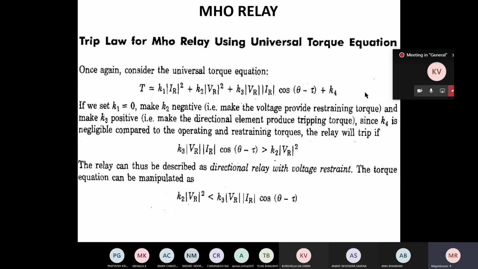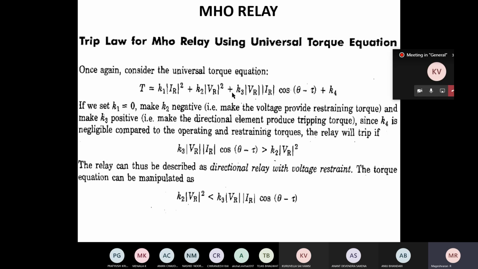Now, as usual, we start with the universal torque equation. In this case, we omit the current coil, which we usually consider as producing operating torque. We consider the directional unit as the component producing the operating torque, and the voltage coil, the potential coil, we treat as producing restraining torque.